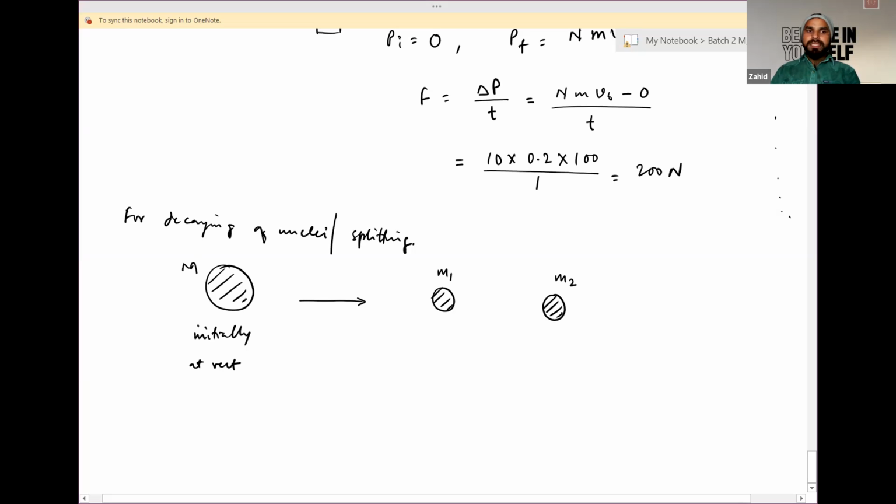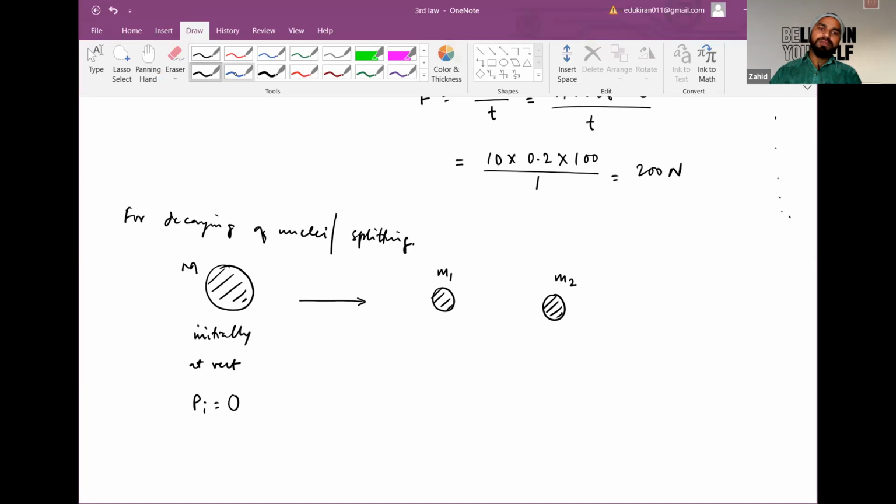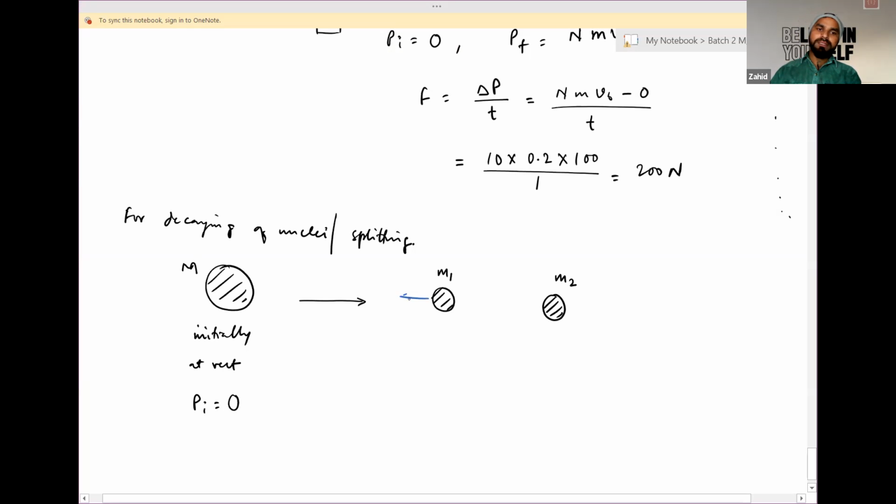Since nuclei is initially at rest, total momentum of this nuclei will be 0. So the sum of linear momentum of these two bodies must be 0, due to which these two bodies will move in opposite direction. This will move at some velocity v1 towards the left, and this body will move towards the right with this much velocity.